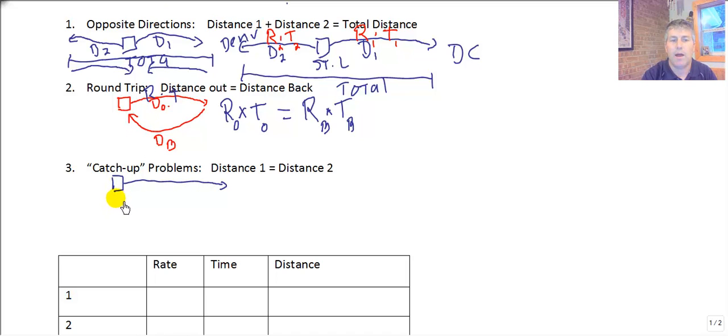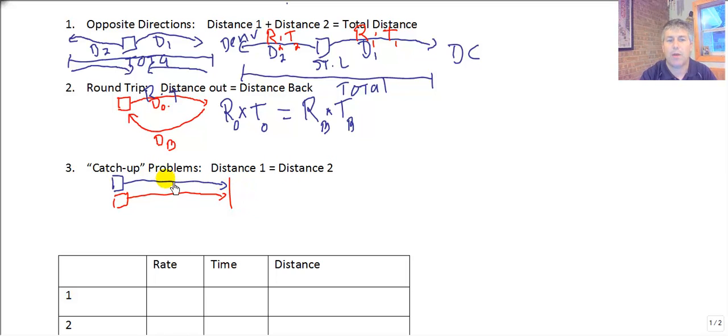You come from behind, and hopefully you're faster than your little sister, and you finally catch her, okay? So what do you know about the distance your sister covered and the distance you covered? Well, once you catch her, you two have covered the same distance. So the distance of one will equal the distance of the other when they finally caught each other.